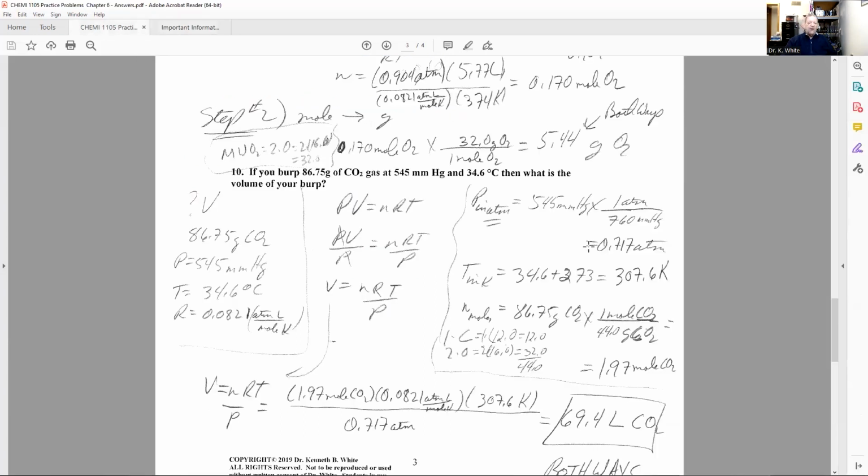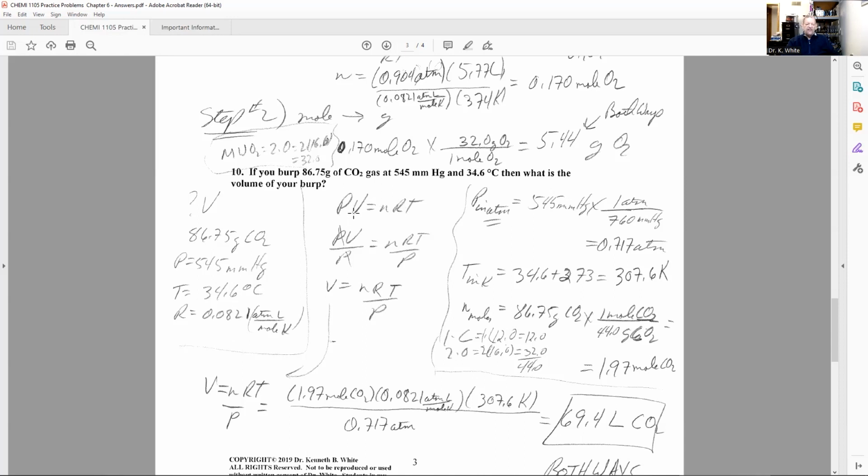All right, so we want to use PV equals nRT. We're given a volume, we're given a weight, mmHg is millimeters of mercury of pressure, degrees C is the temperature. And I rewrote R as 0.0821 atmospheres liters per mole K. So now we'll use PV equals nRT.